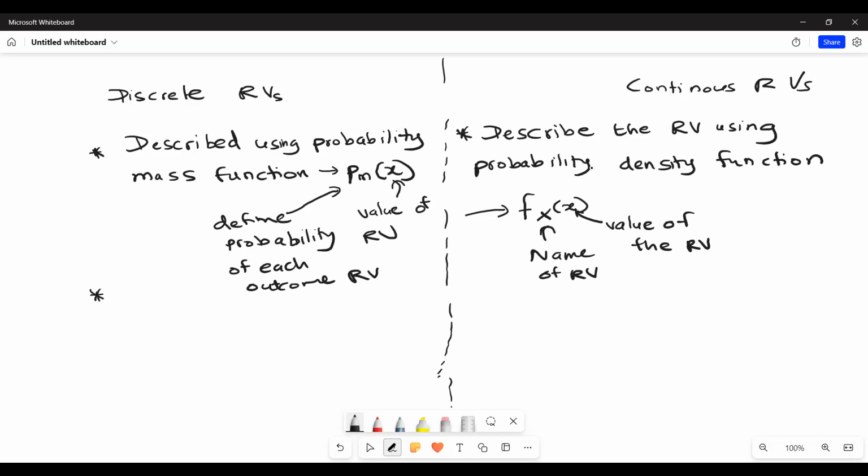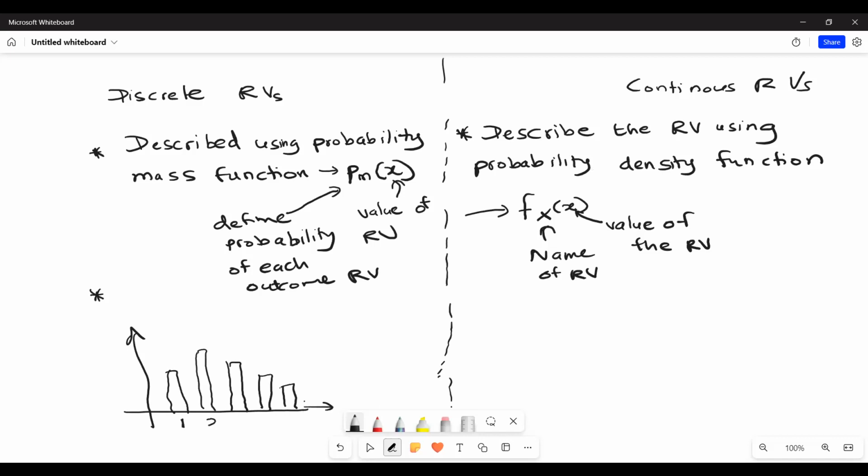So for example, if I draw something, the probability mass function looks like a plot where we define the values of the probability of each of the outcomes.